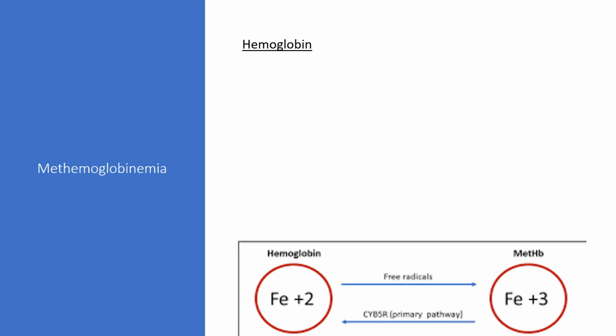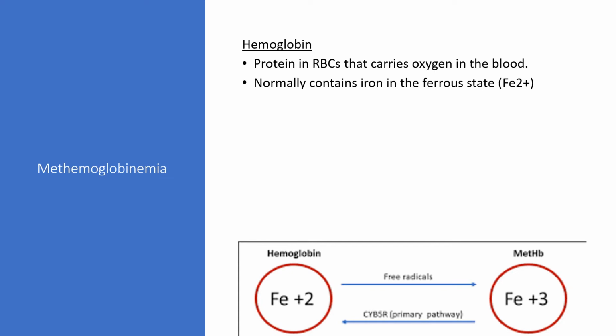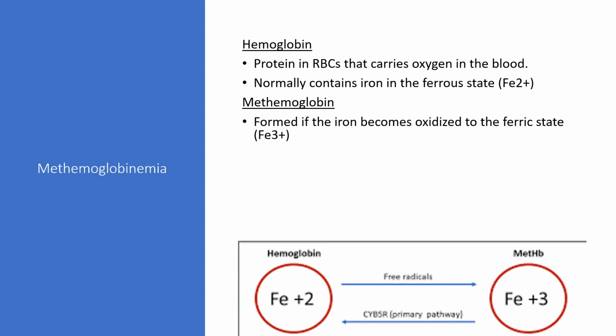So hemoglobin is a protein in red blood cells that carries oxygen in the blood. Normally, hemoglobin contains iron in the ferrous state, or Fe2+. But if the iron becomes oxidized to the ferric state, you make something called methemoglobin.